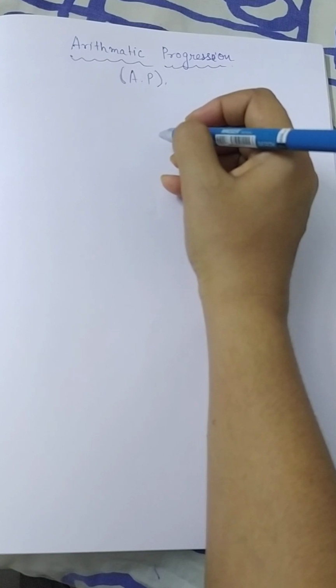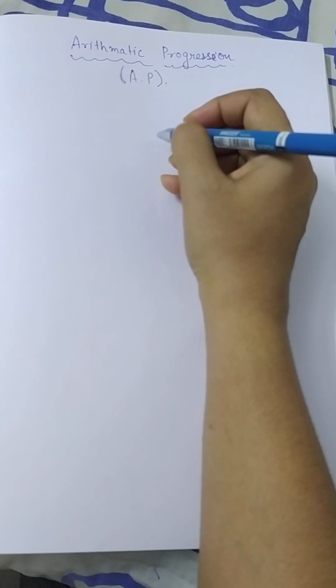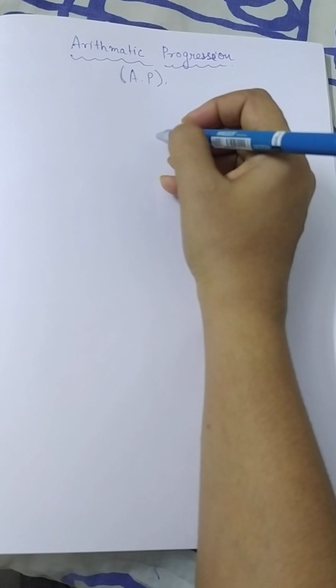Before knowing about arithmetic progression or AP, I am telling you that in nature many times we see different kinds of numbers in a certain pattern, right?